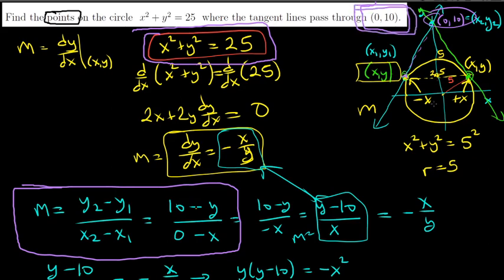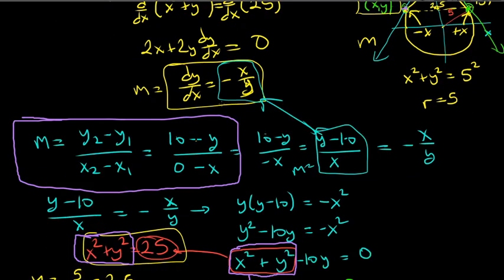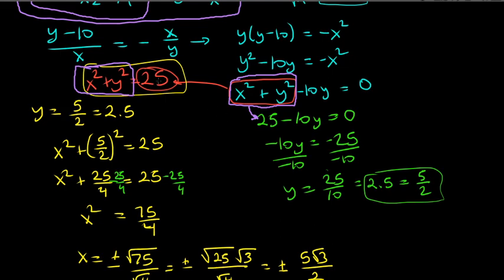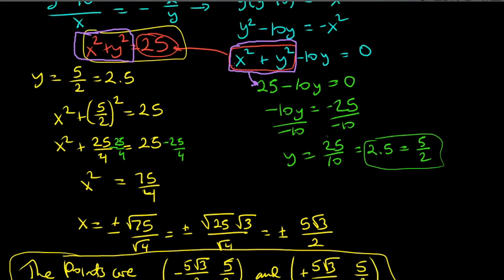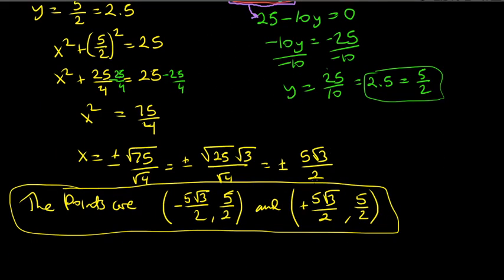The 0, 10 was given. And then take the derivative to get the slope of the tangent line, and then find the slope of the line passing through 2 points using the usual definition of slope here. And then eventually, after you make these substitutions, you'll be able to find both y and x.